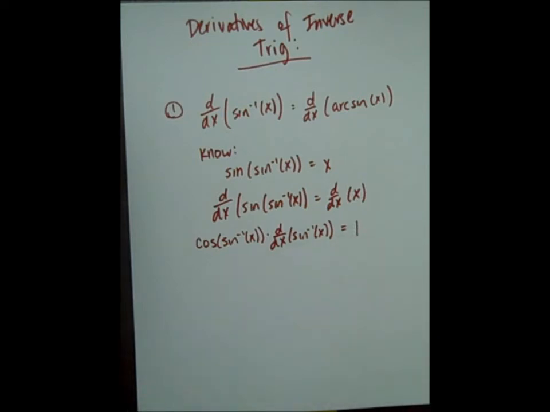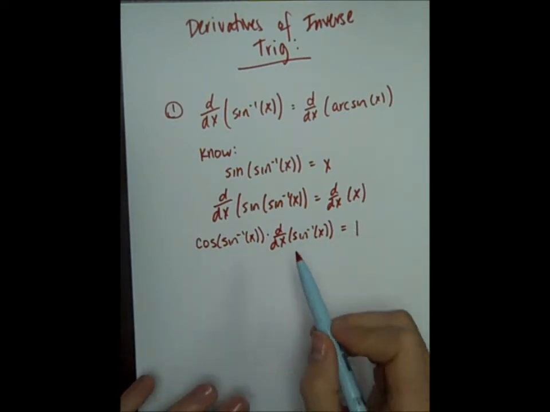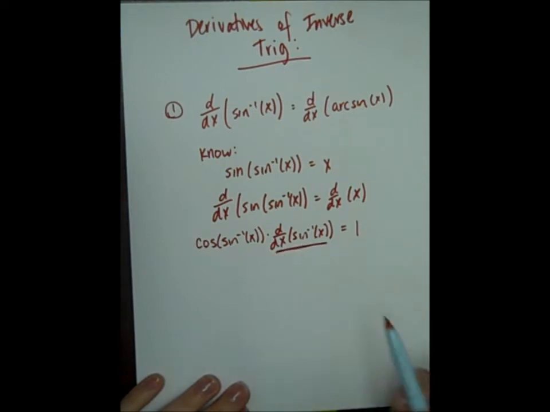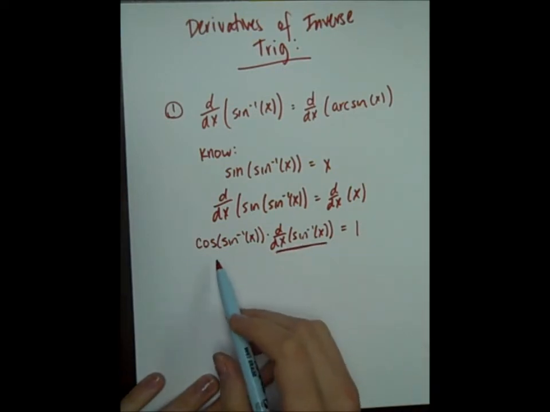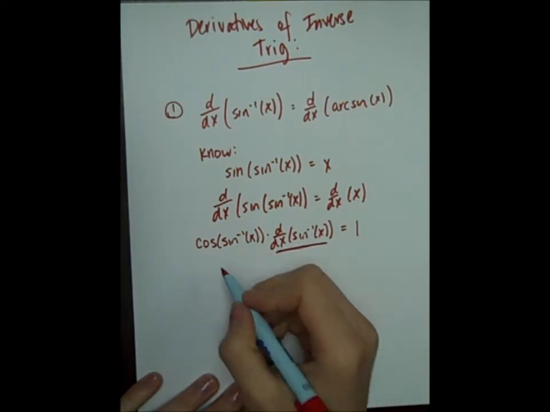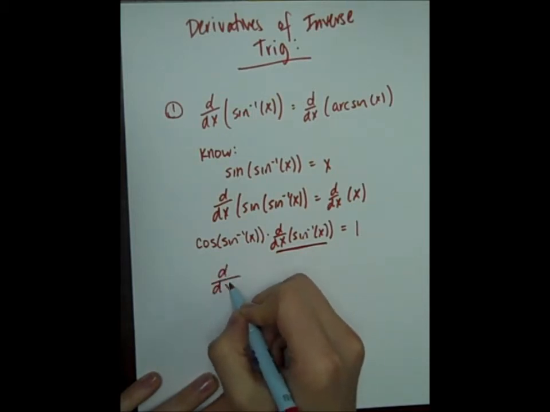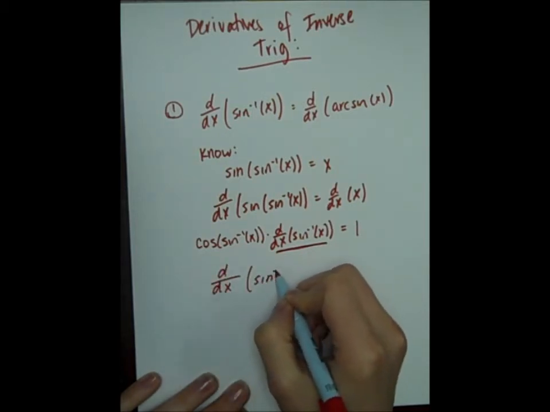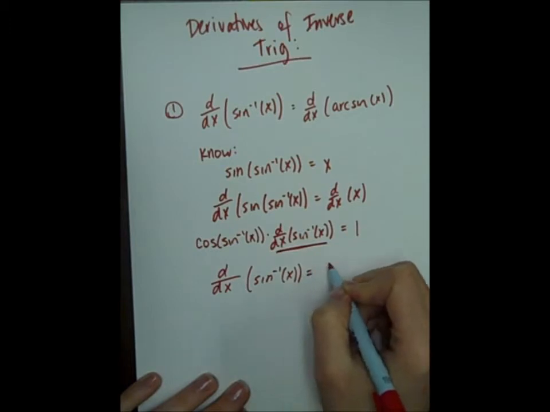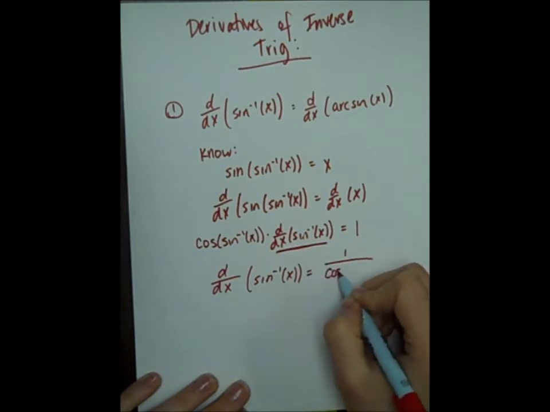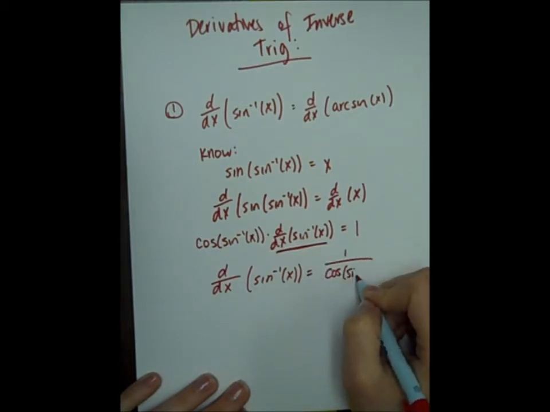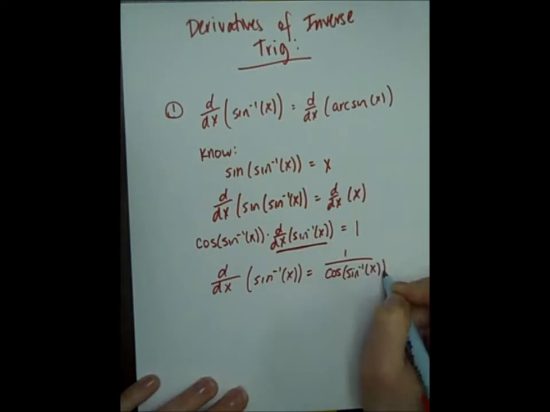That's just 1. Remember, this is what we're trying to solve for. So I'm going to divide both sides by cosine of sine inverse of x. So the derivative of sine inverse of x is 1 over cosine of sine inverse of x.